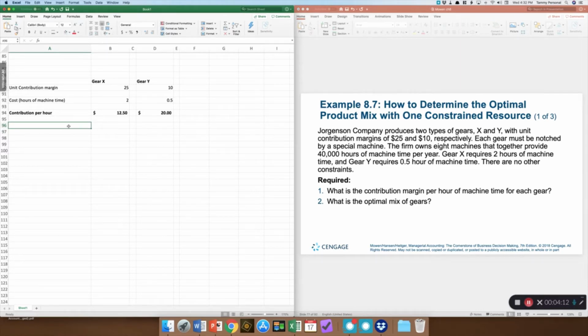So let's just add another line. Again, I'm not doing this the way that they did it in the PowerPoint, but let's just think logically. So we'll say the maximum contribution for 40,000 hours.